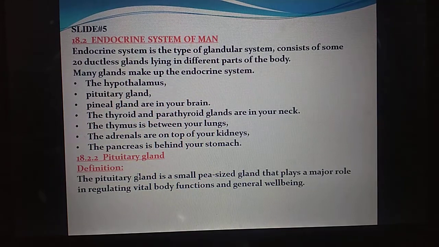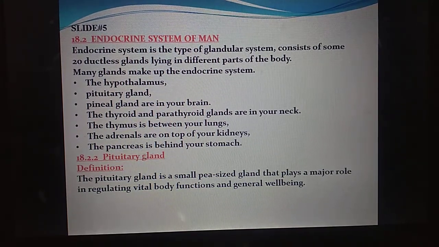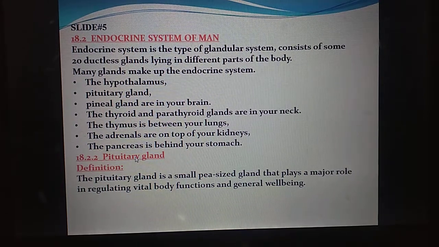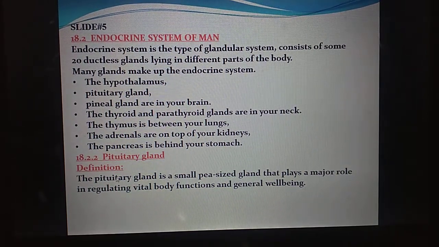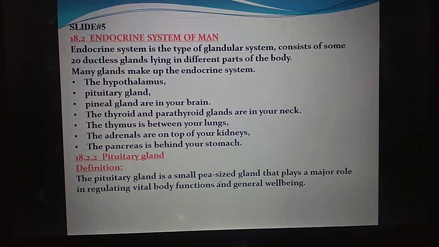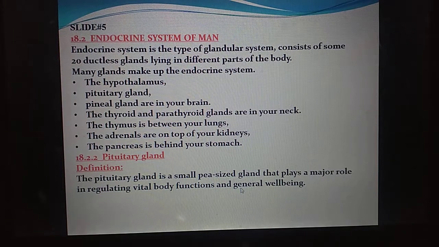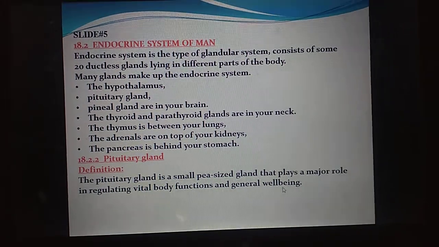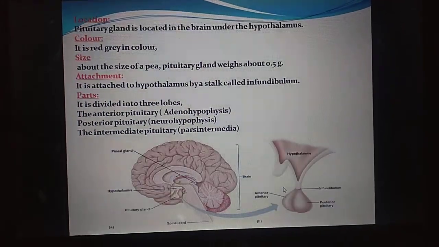Okay. Now, after that, we are moving towards our main gland, which is called the pituitary gland. Let's see. First, we have to define the pituitary. The pituitary gland is a small pea-sized gland that plays a major role in regulating vital body functions and the general well-being of the organism.